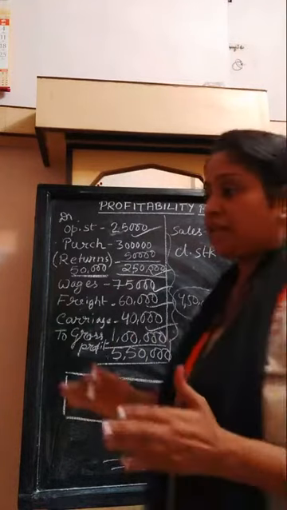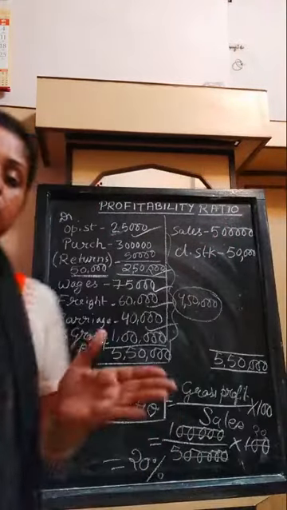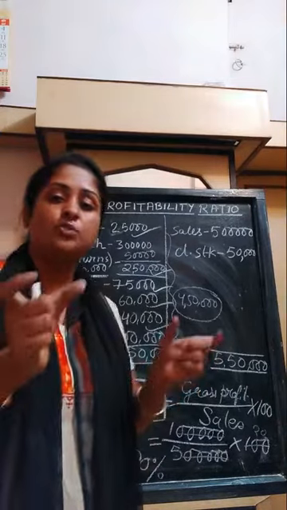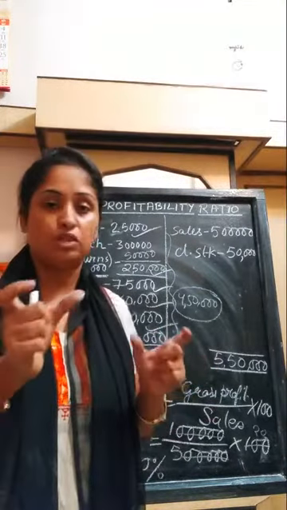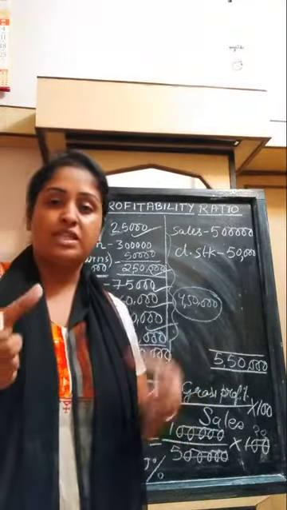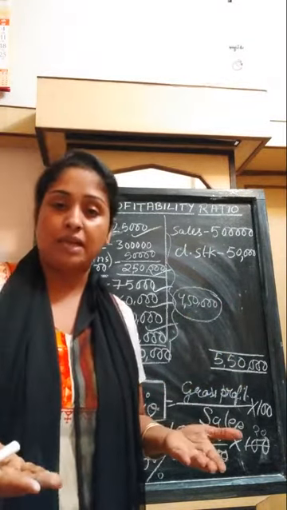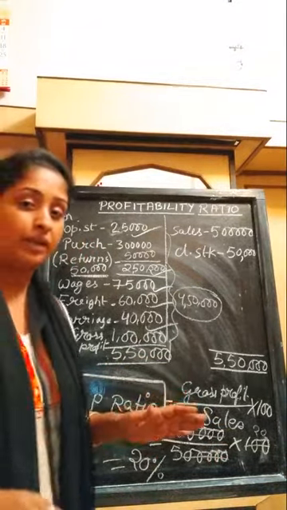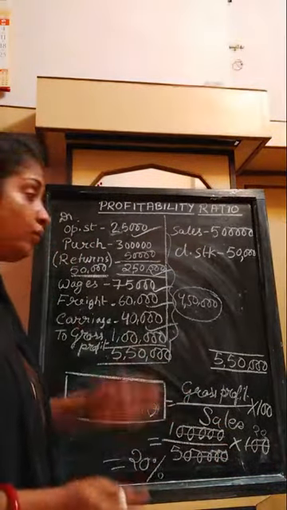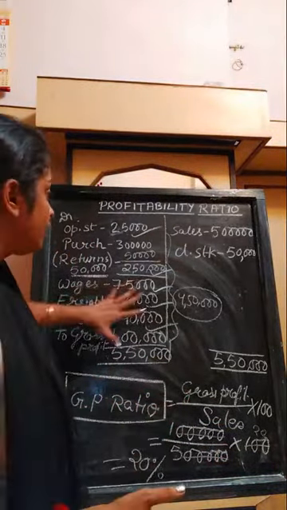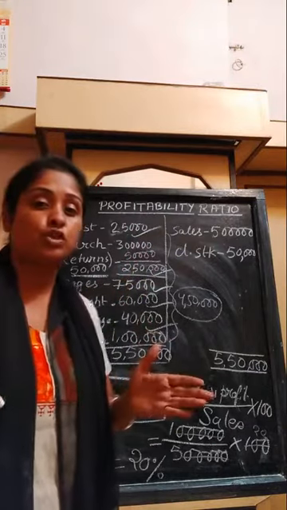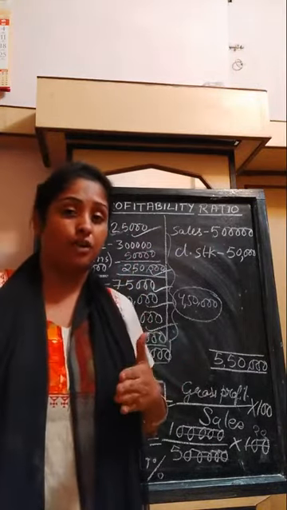I repeat that no specific gross profit amount will be given to you. Gross profit and sales amount is given and you have to divide it and multiply with 100. No such sums will be given. Rather, you will be provided with lots and lots of these items. Items related to direct production.